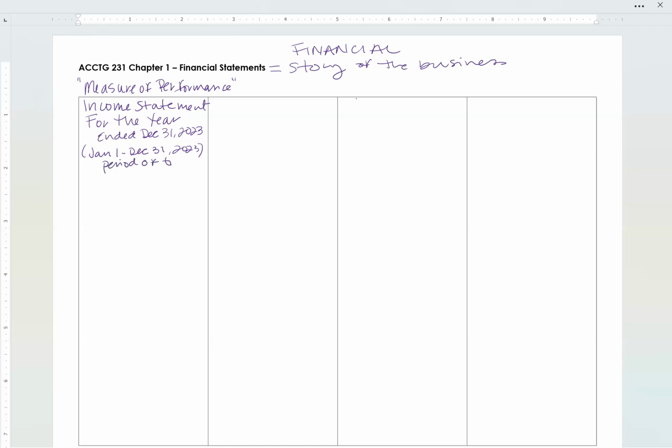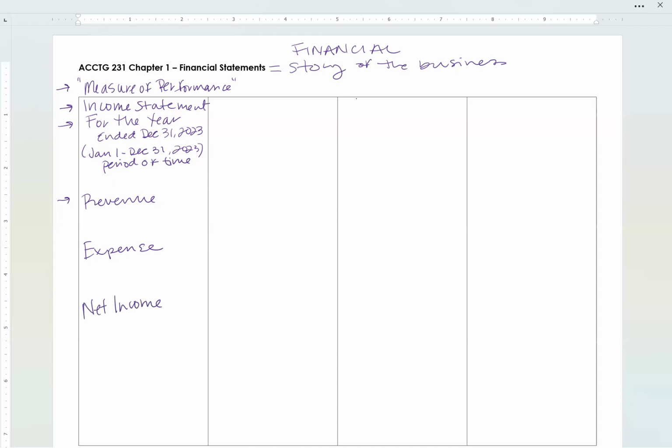Now, I am going to show you high level what's incorporated in the income statement. So what do I want you to know? What type of financial statement we're looking at, what it's used for, what the time period is, and what the contents is. So we are going to have our revenue presented first, followed by our expenses, which gives us our net income.